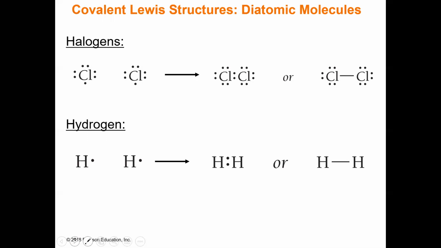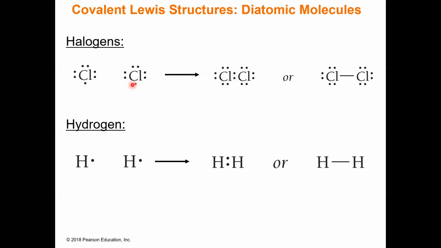For our halogens forming a molecule, for example, if we have 2 chlorine elements coming together to form the chlorine molecule, each chlorine element comes with 7 valence shell electrons, and they are 1 away from having an octet. So what happens is that each one of our chlorines will share that 1 electron that it had.